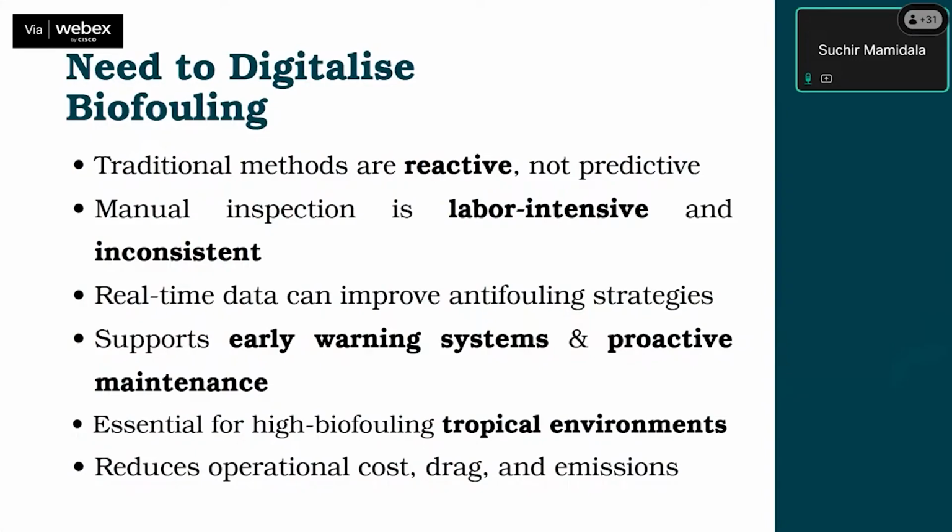In tropical waters, where fouling is faster and more intense, real-time systems can cut fuel costs, lower emissions, and reduce harmful chemical use. In essence, digitalization makes fouling a manageable, data-driven challenge.